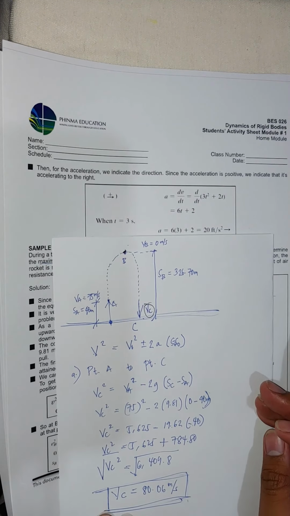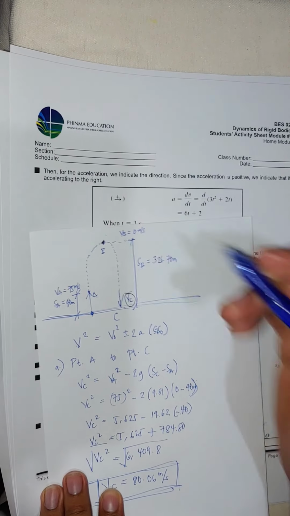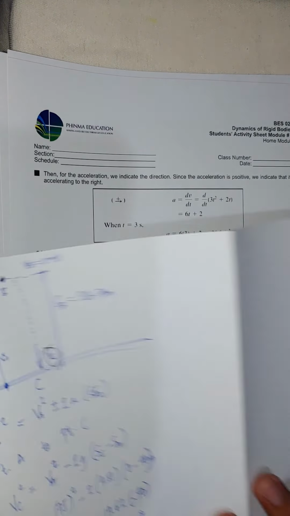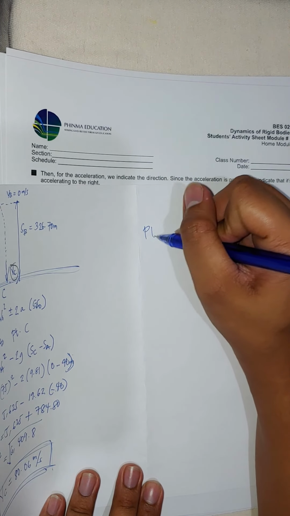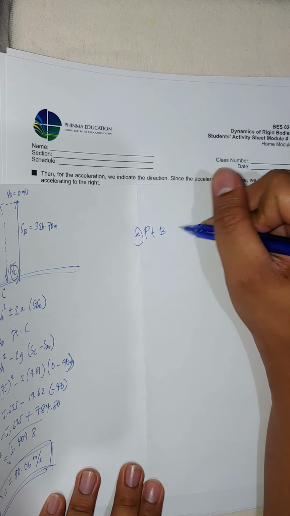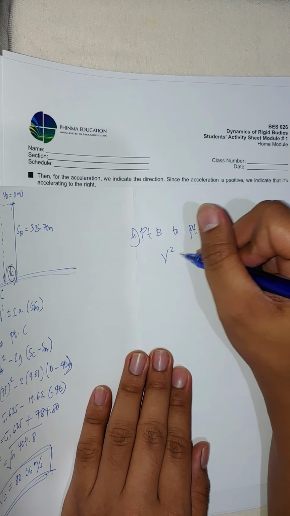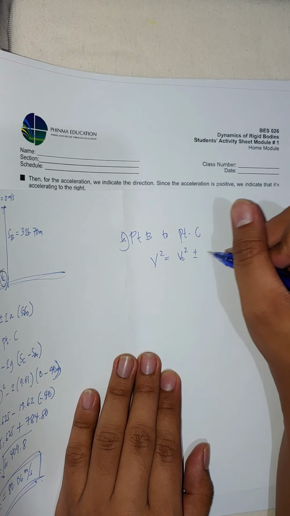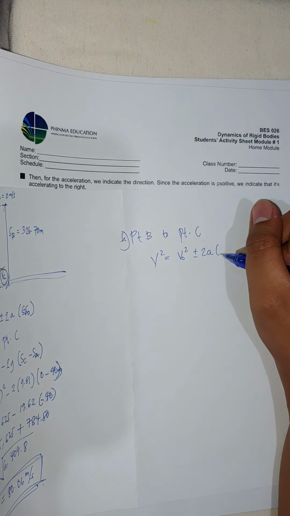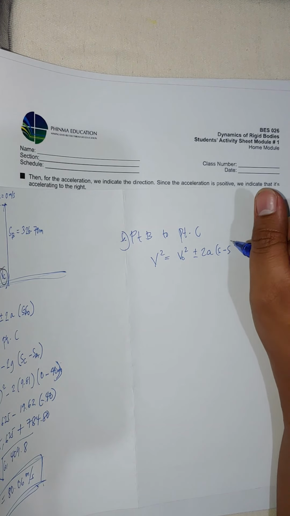Now we're going to use another method, from point B to point C, just to show you. So from point B to point C, same formula. V squared, final velocity squared, equals the square of the initial velocity plus or minus twice the acceleration times the final height minus the initial position.